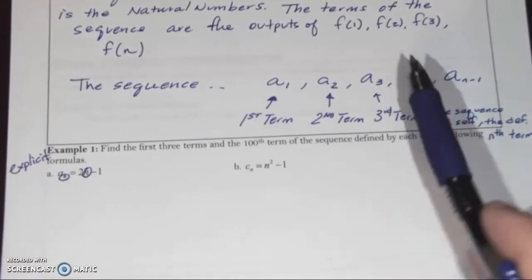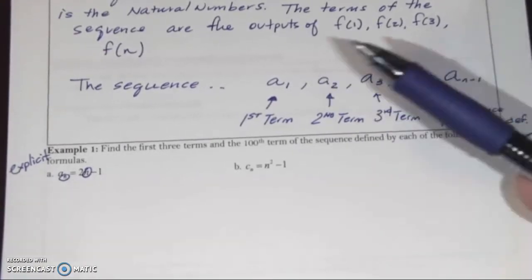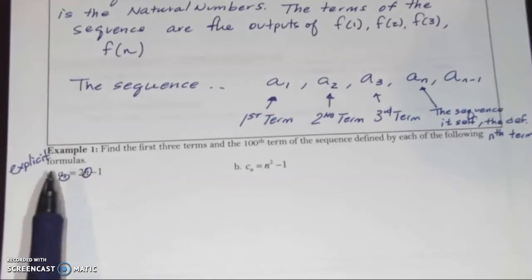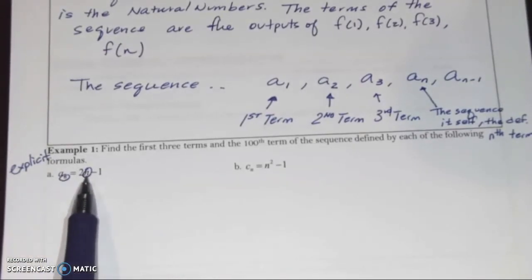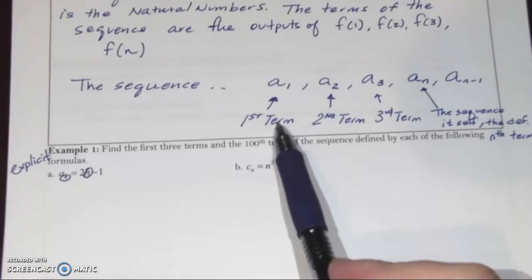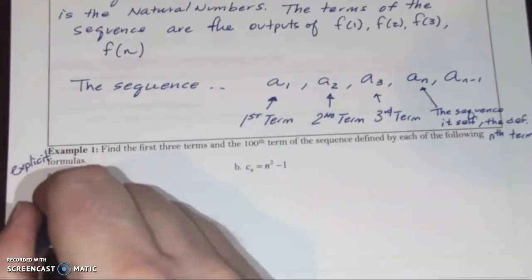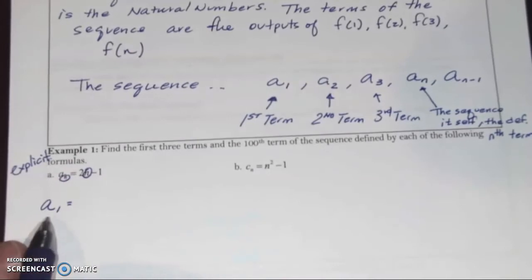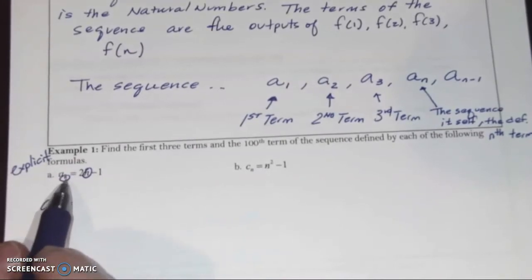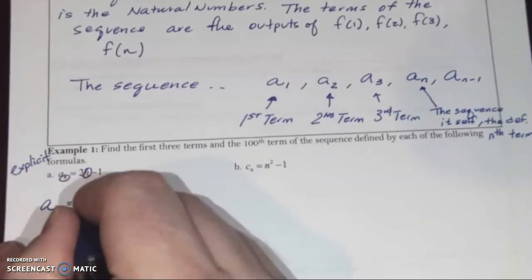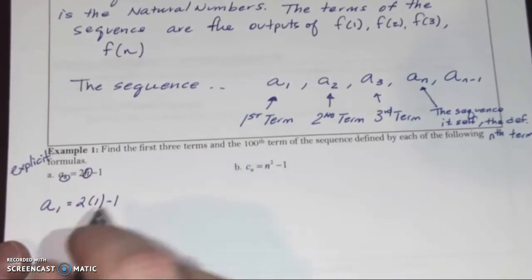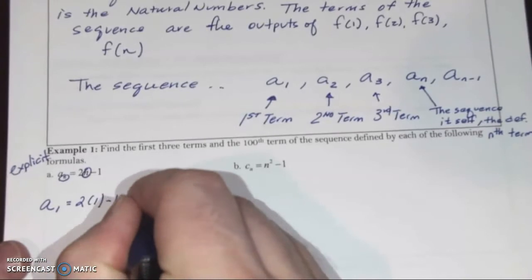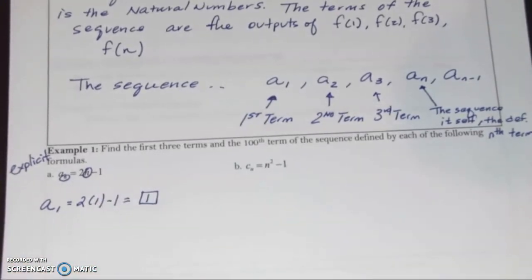And very simply, if we're thinking like a function, the first term is a sub 1, and we would put a 1 in place of that n, 2 minus 1. The first term of the sequence is 1.